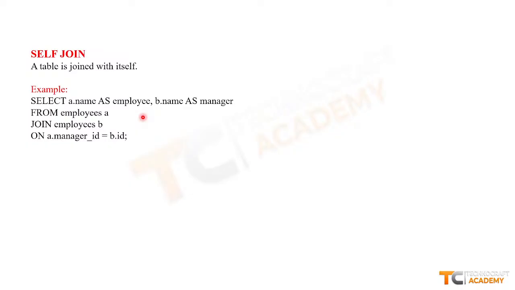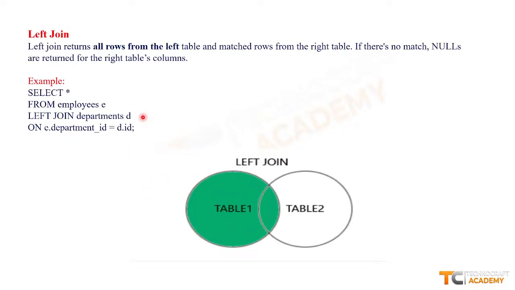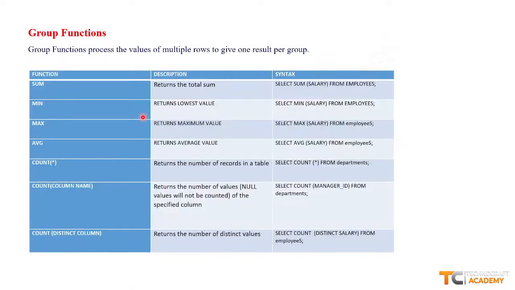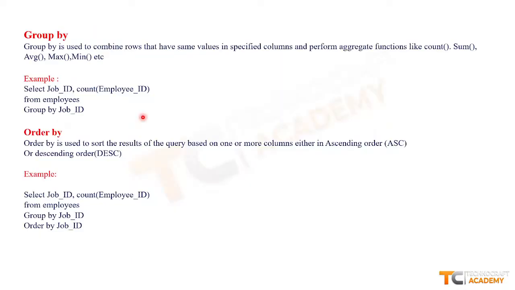So just to summarize, I have covered today the different group functions like sum, minimum, maximum, average, count, count of star, and distinct count. These are the group functions. Whenever you are using group functions, you have to use a group by clause in order to use other columns.